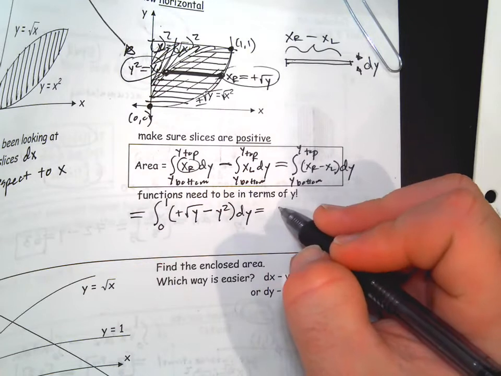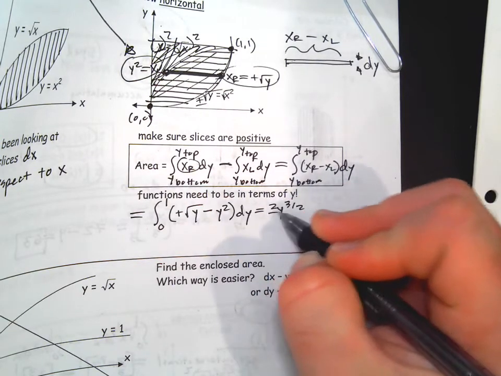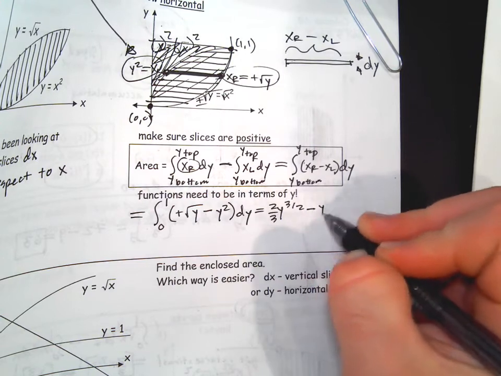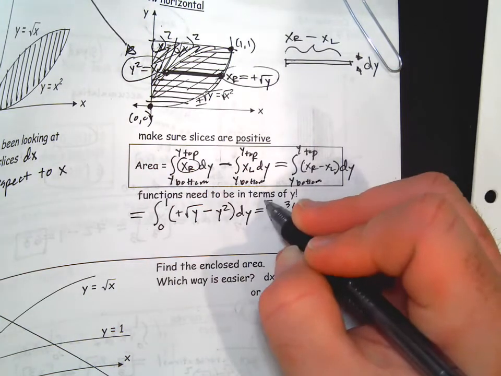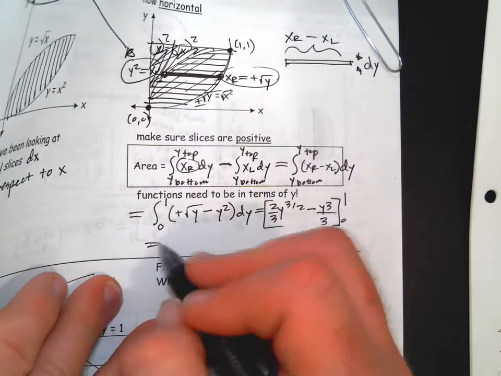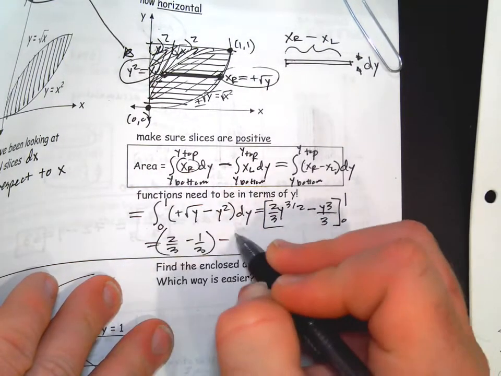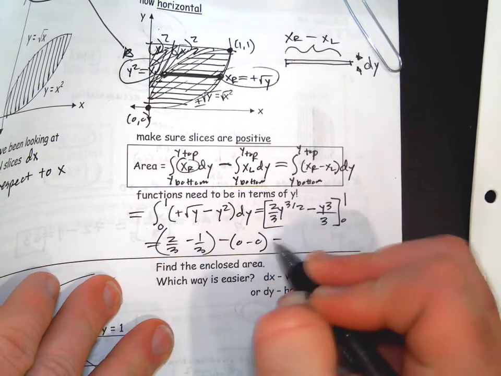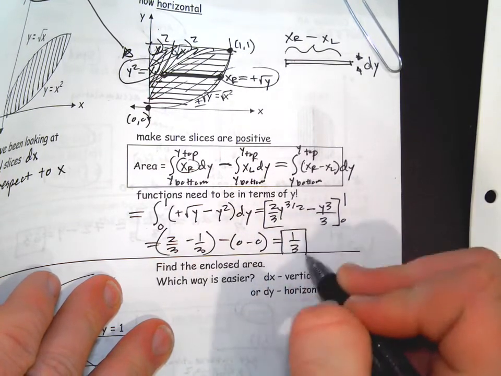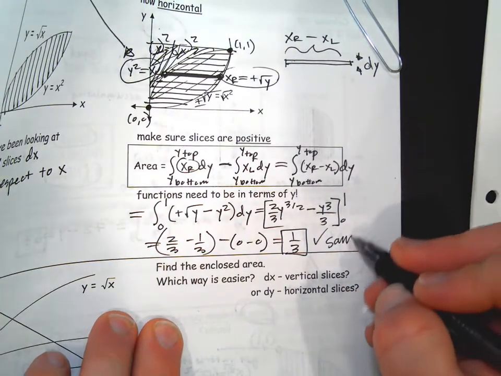So that's going to be y to the 1/2. That's going to be y to the 3/2 divided by the new exponent 3/2, minus y cubed over 3. I'm going to plug limits in. We're going to get 2/3 minus 1/3 minus 0 minus 0. And the answer comes out to 1/3, which, by the way, is the same answer that we got on the front for the same curves.